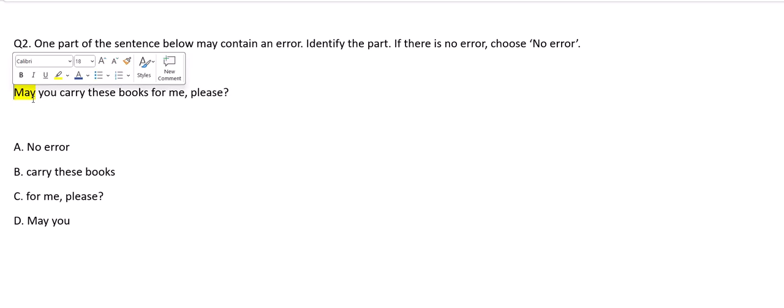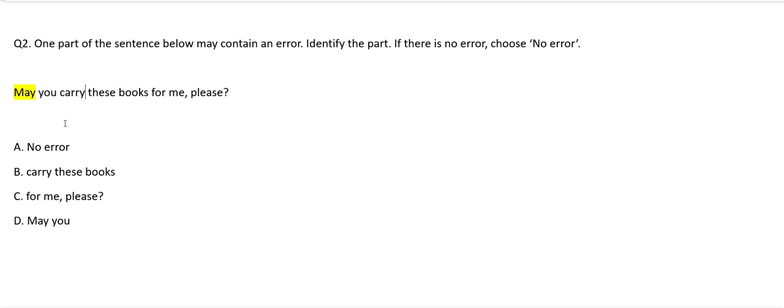But if you see here, may you carry these books for me, please, this is not a permission sentence. This is a requesting sentence. Someone is requesting someone to carry his books. So whenever the sentence expresses a polite request, we have to go for can or could.